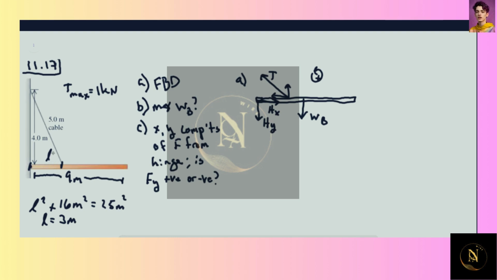And then furthermore, the angle theta that this makes is going to be the arc sine of 4 meters divided by 5 meters, opposite over hypotenuse. And so theta's value is 53.1 degrees.